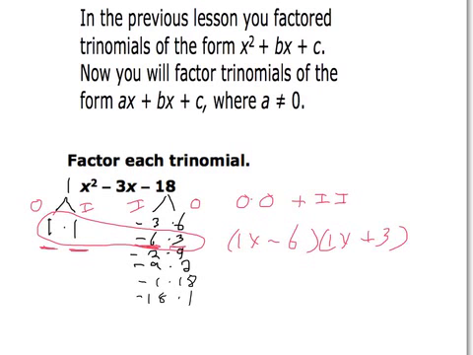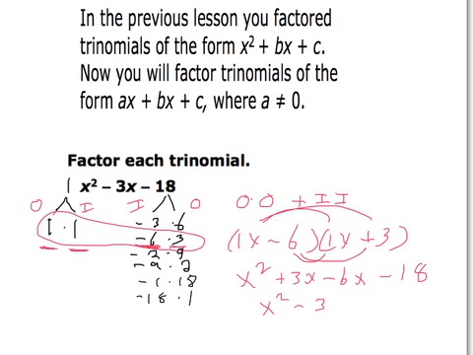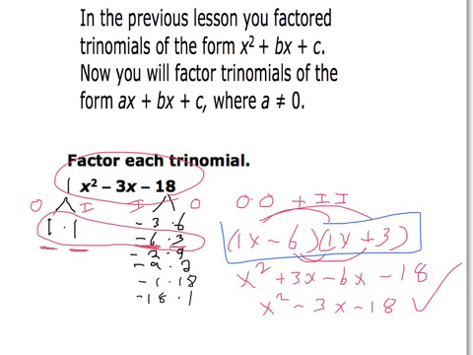And then, of course, I could distribute to double check it. So that gave me an x squared plus a 3x minus a 6x minus 18, which gave me x squared minus 3x minus 18. That was what I had when I started. So it checks, and my answer is that right there.